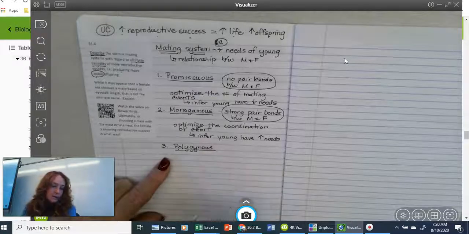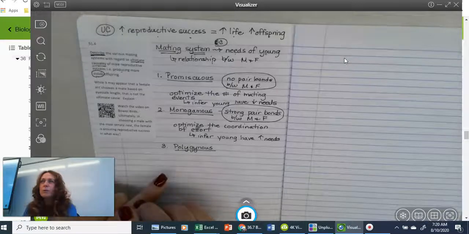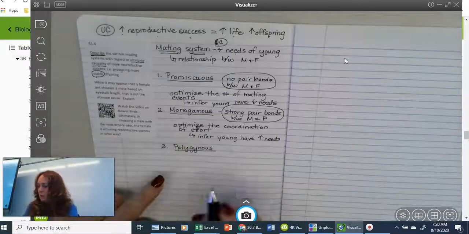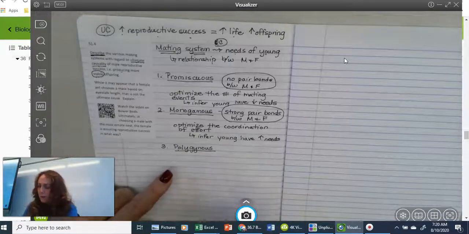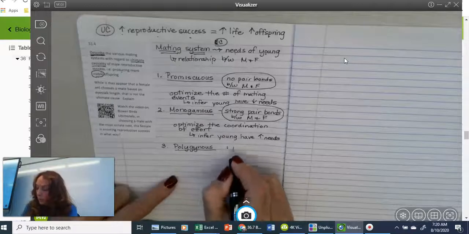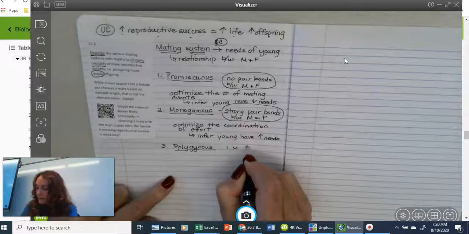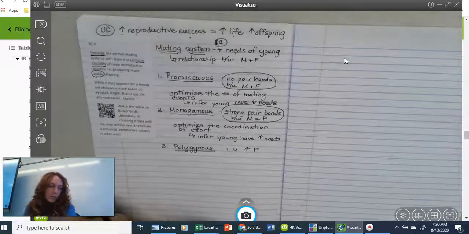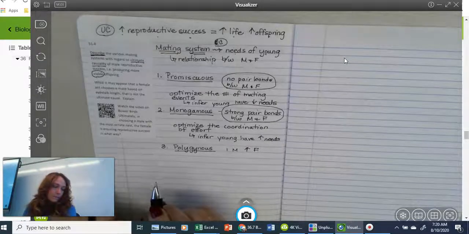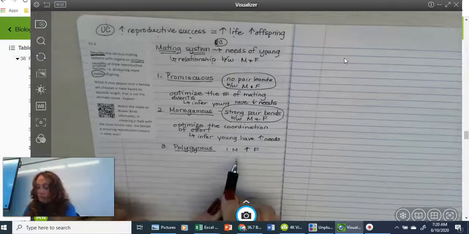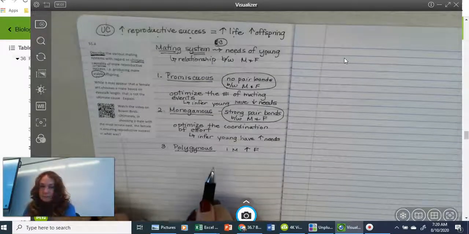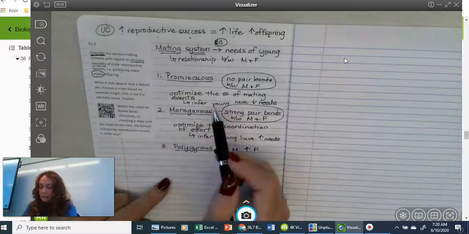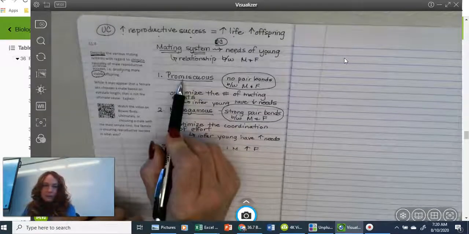So this is going to be very much what we're used to seeing out in the wild, where you have one male and you have many females. So this is going to be different than any of these.